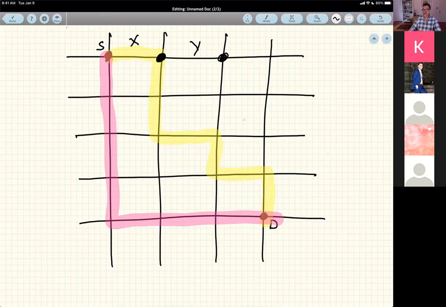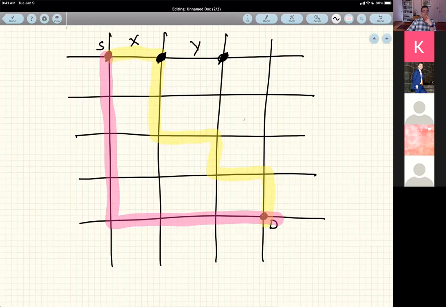So if it takes a minute to get there, then x is a minute. If it takes 5 minutes to get from this vertex to this vertex, then y is 5. And then we calculate the distance by adding all the weights together to find the shortest path from the source to the destination. So GPS is one thing that we could do.